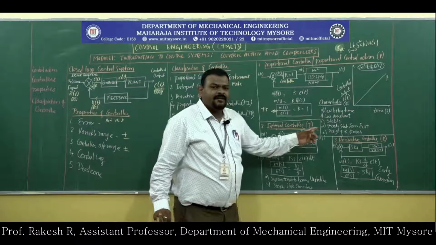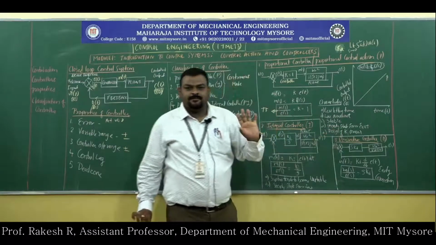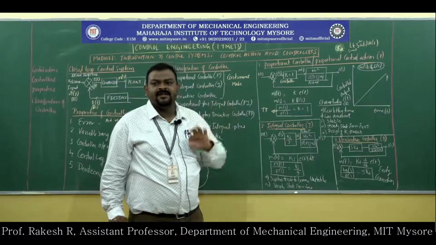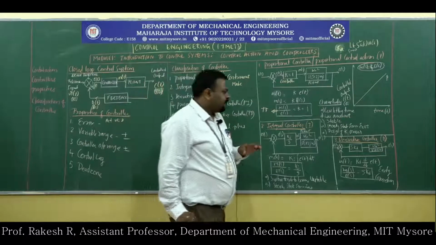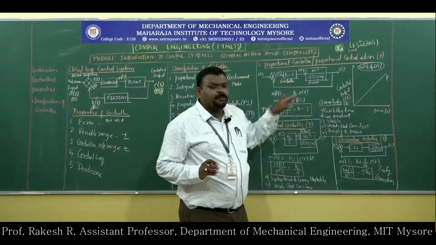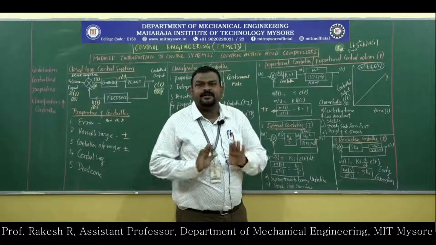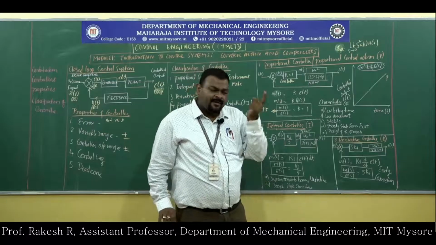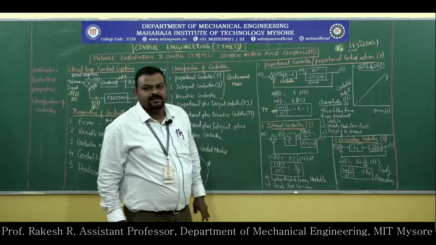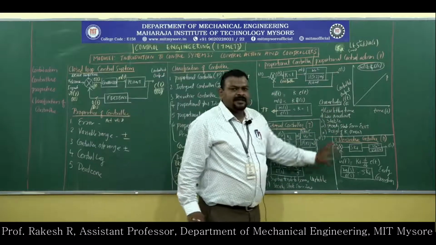Whenever you have a steady state error, yes, the system is responding for the given input or given time. Again, these systems are stable in nature because the input-output relationship is linear, it is not non-linear. If it is non-linear, we have to calculate the overshoot and compensate for it. So just list the characteristics.